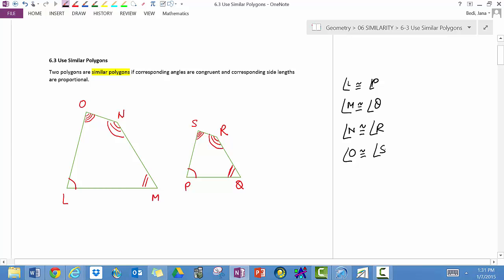So corresponding angles, let's label that. These are corresponding angles in the two quadrilaterals.